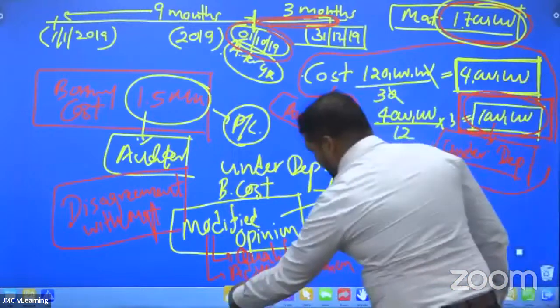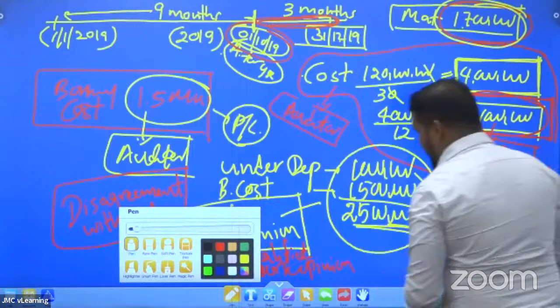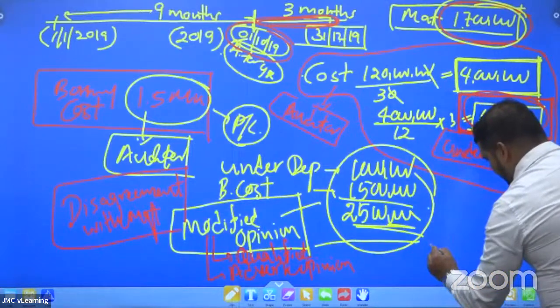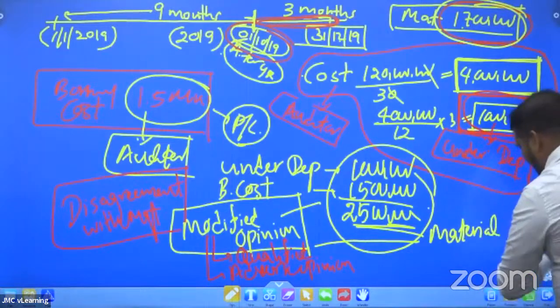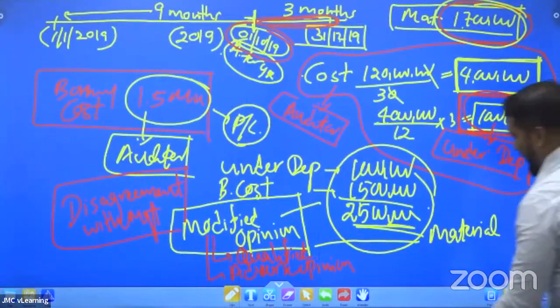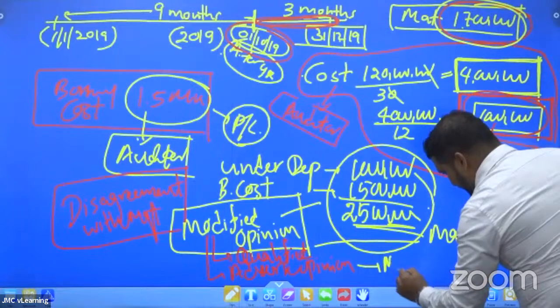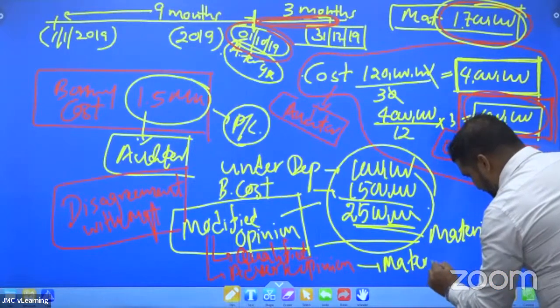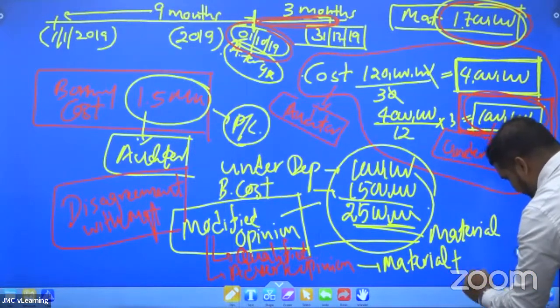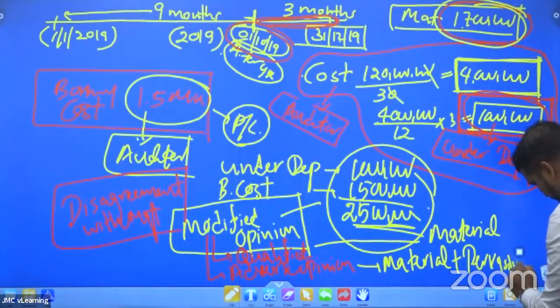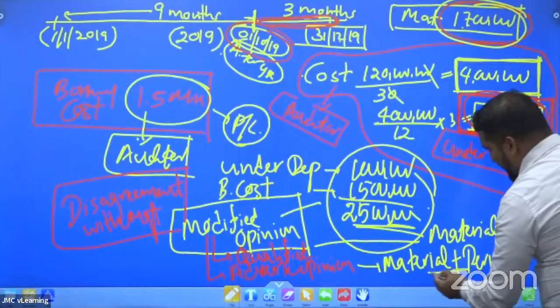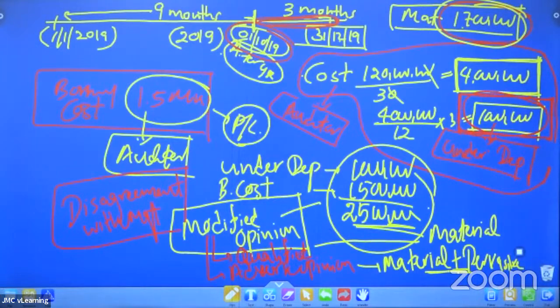If the disagreement with management is material, you will go for a qualified opinion. If the disagreement with management is both material and pervasive, then you will go for an adverse opinion.